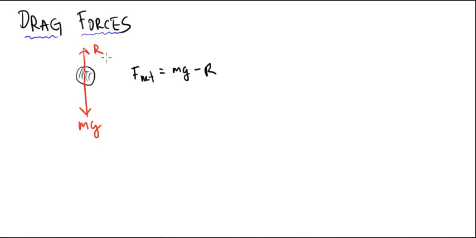As the rock moves faster, the resistive force gets greater. And you can see what would happen is as that resistive force gets larger and larger, you're going to reach a point where this resistive force is equal to mg. In other words, you're going to find that there is a point where F net is 0. And at that point, you reach what's called terminal speed.